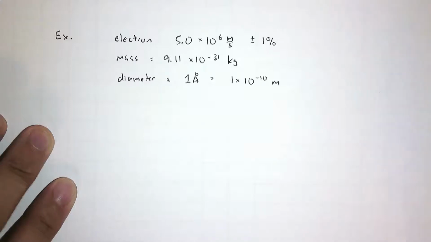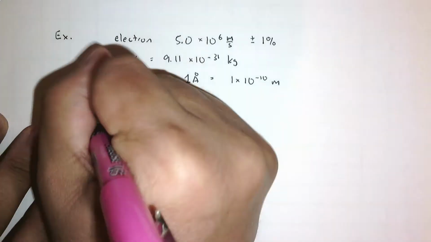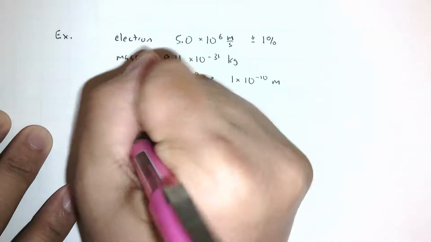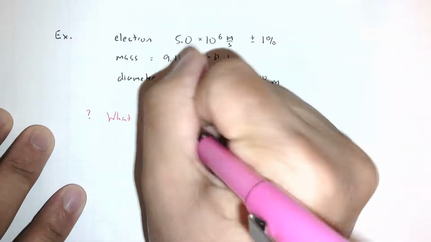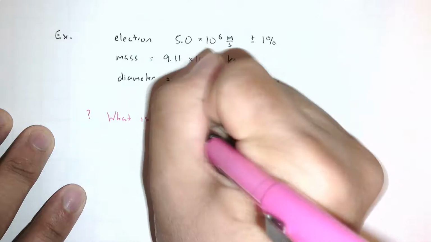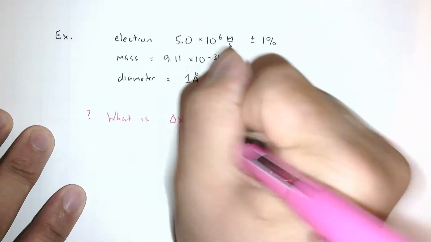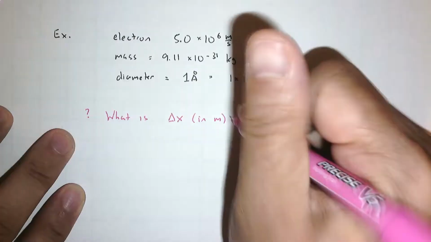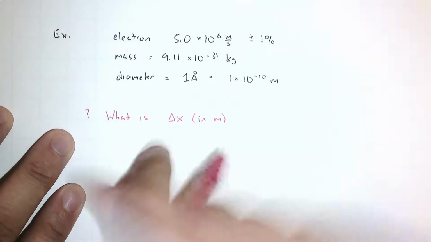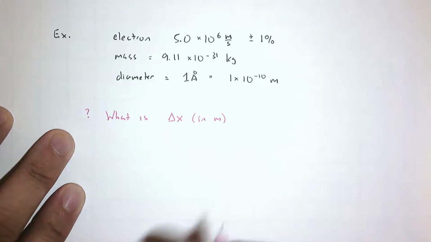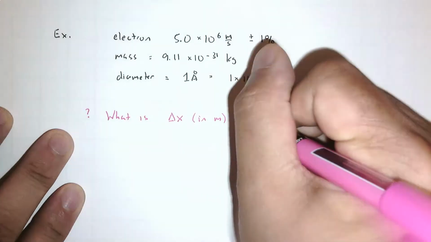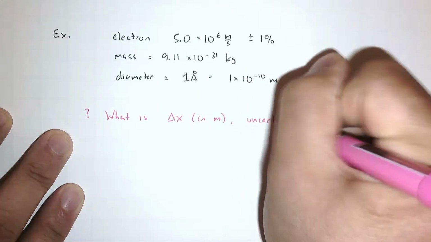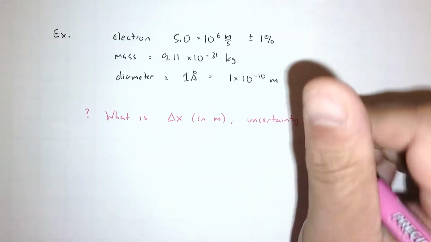So here's a question, and it's a kind of a goofy question. What is delta x? Again, this is going to be in meters, and we said that in the previous page. And really, what is the uncertainty principle? Or let me just double check.